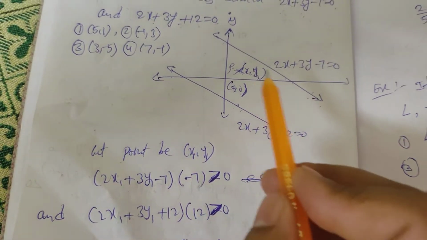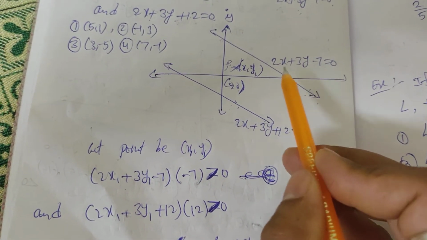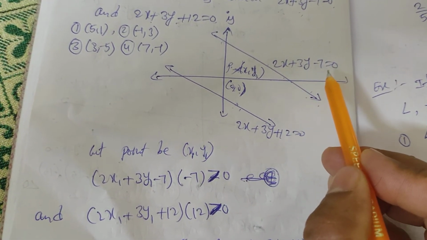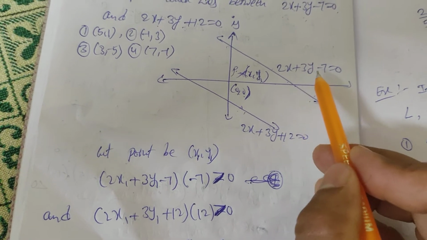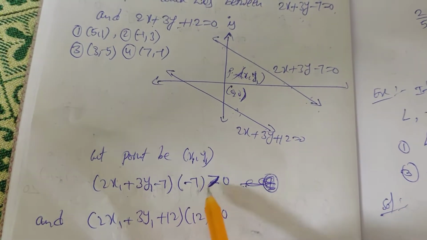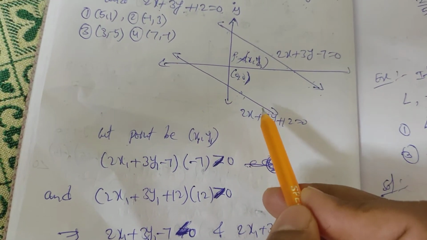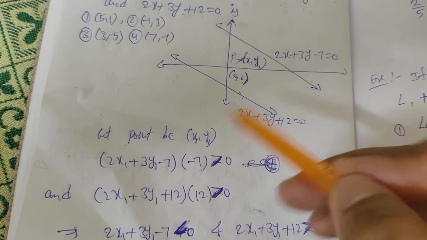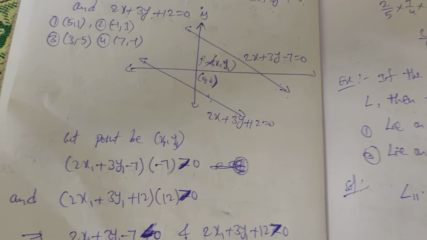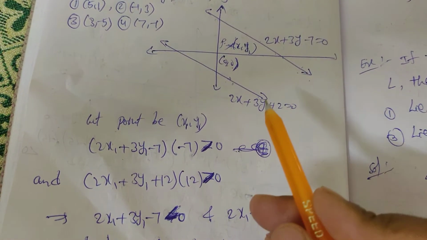So if you take the equation 2x1 plus 3y1 minus 7 and substitute 0, 0, you get minus 7. This product gives positive, and substituting these 2 points in this one, the same product gives positive because both are on the same side of this line.